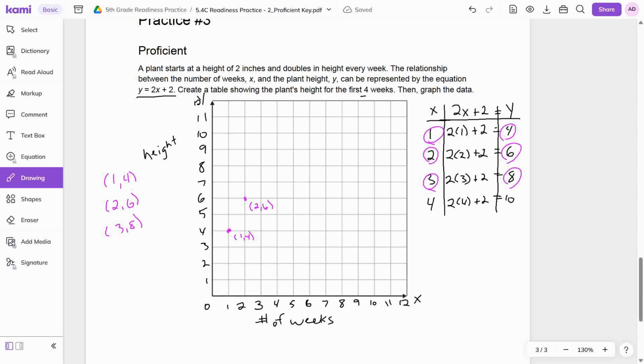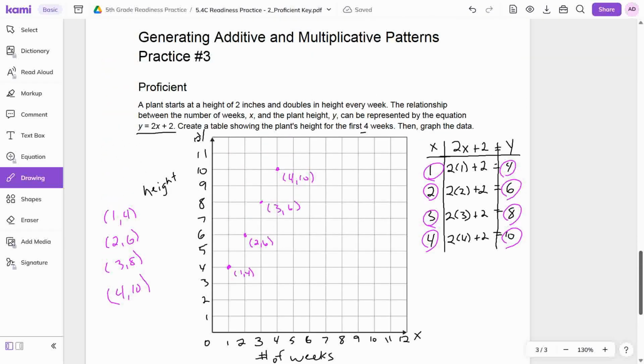So you see we're just going up in this line. And then we've got a 4 and a 10. And that's going to go from 4 all the way up here to a 10. We can label these two, and that's how we would put the values of the plant's height in the first 4 weeks with both a table and a graph.